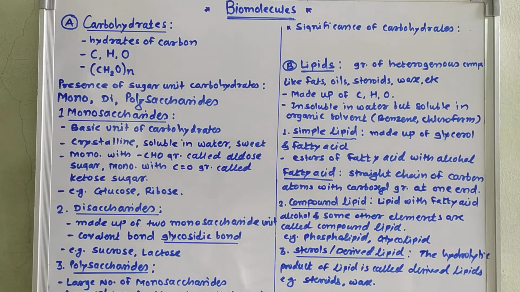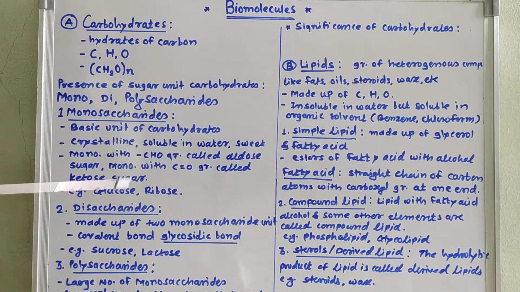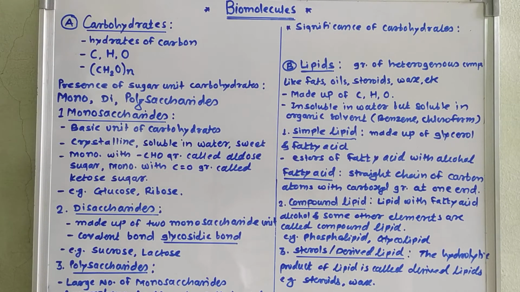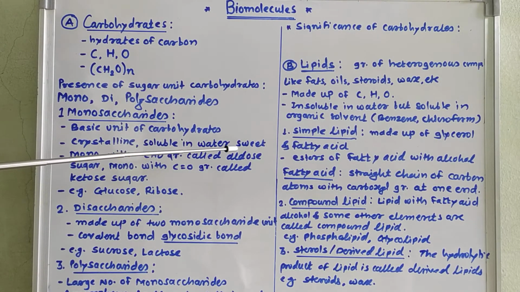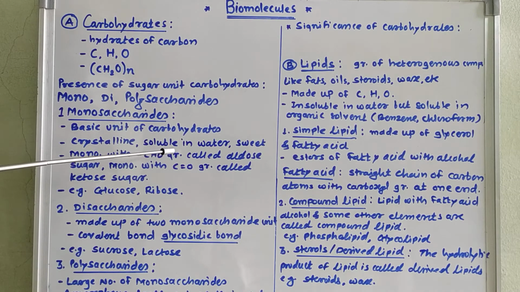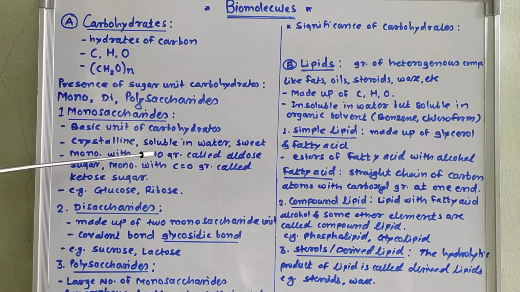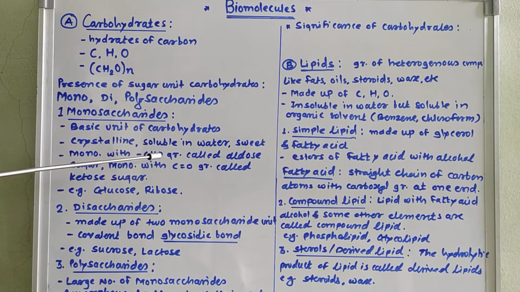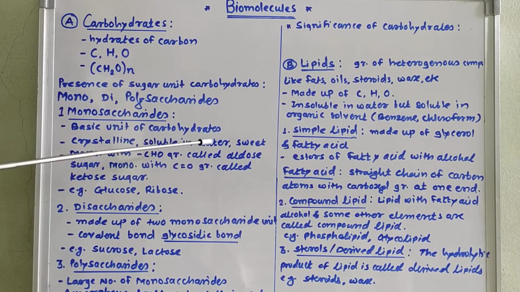The monosaccharide with an aldehyde group, that means CHO group, is called aldose sugar.